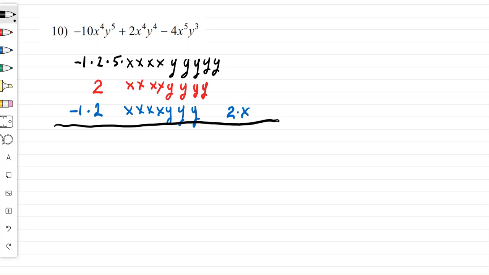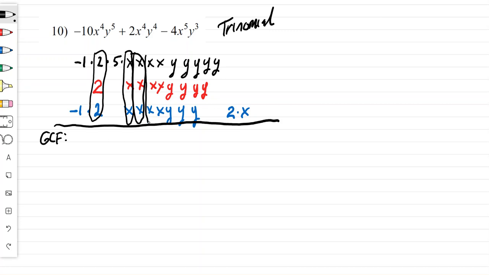So now I want to find my GCF. So here we go. Since I have a trinomial, I want 3 of a kind. So here's 3 of a kind, 3 of a kind, and so on, and that's it.